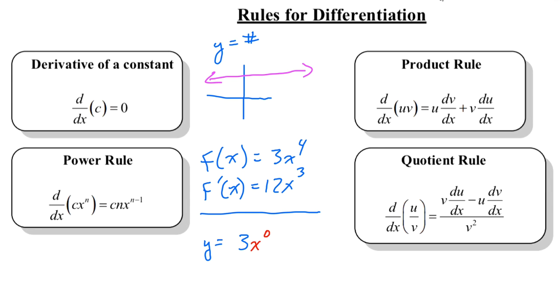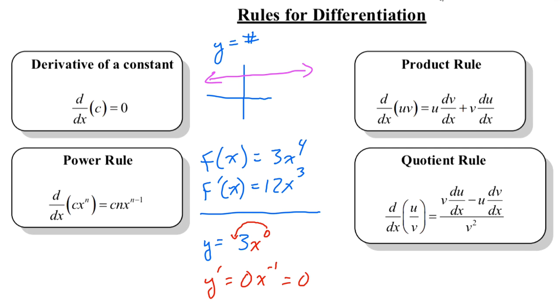Now, if you apply the power rule, you would bring this exponent to the front and multiply it with that 3. So that means the derivative of y would be 0 times 3, or 0. Subtract 1 from the exponent, and 0 times anything is equal to 0. So you can think of this derivative of a constant in the same terms as using our power rule. All right, so next is the product rule.